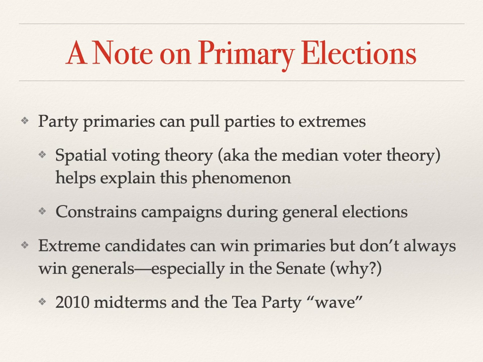Now, in primary elections, the two candidates, or however many you have, but we're going to stick with the simple model of two candidates, the two candidates are now both on the same side of the political spectrum, right?